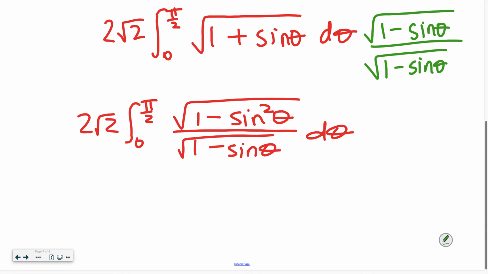And the square root of cosine squared does in fact equal cosine since we're between 0 and pi over 2. You're telling me there's an instance when it doesn't equal cosine? It would equal negative cosine if we were in the second quadrant, which is why I stayed with 0 to pi over 2.